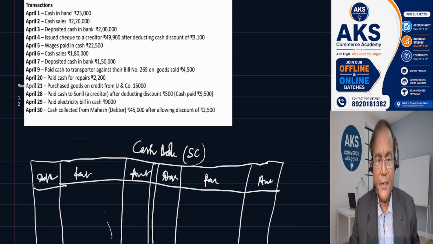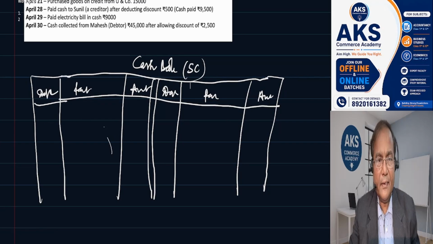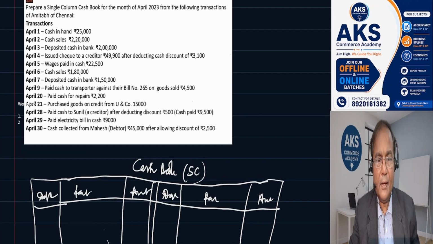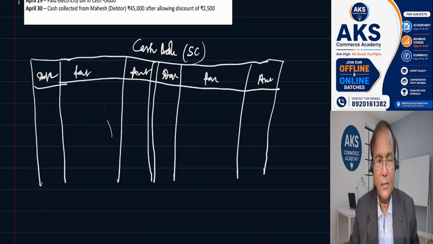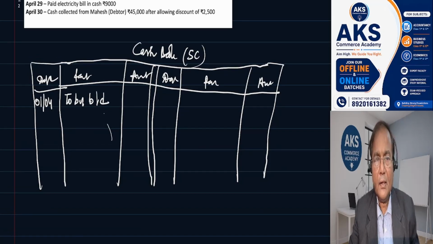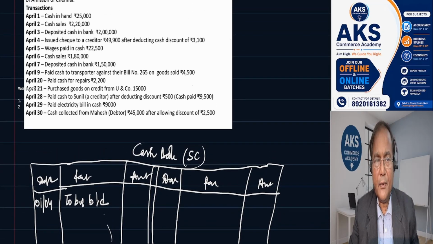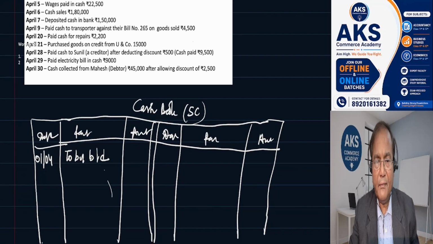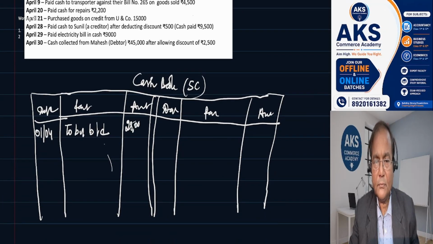So how is cash in hand to be written? What was the date? We will see here, 1st April. We'll write here 1st April to balance brought down. The cash book shows a debit balance. How much balance is appearing here? 25,000, so we'll write 25,000.